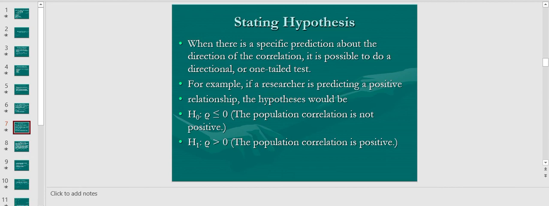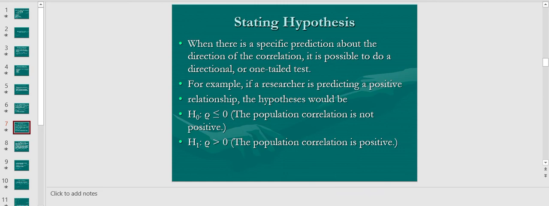The correlation from the sample data is used to evaluate the hypothesis. For a regular non-directional test, a sample correlation near 0 provides support for the null hypothesis, and a sample value far from 0 tends to refute the null hypothesis.